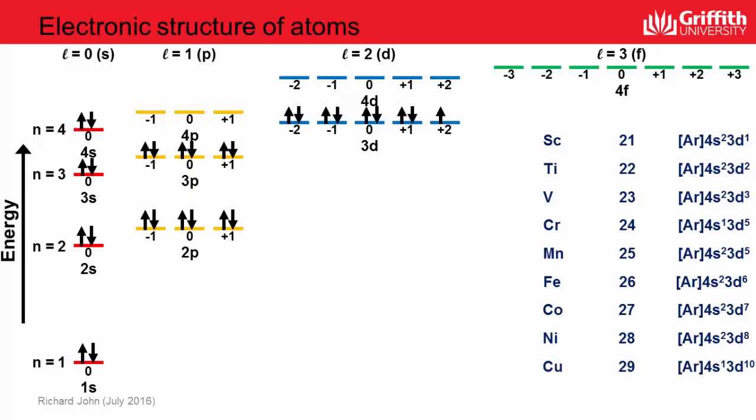When we get to copper number 29, the orbital diagram is showing that we've got the argon core 4s2, 3d9, but the actual electron configuration that's most stable is the argon core 4s1, 3d10. And again, it's as if one of these electrons in the 4s subshell prefers to be over in the 3d subshell, this time to complete a full subshell.